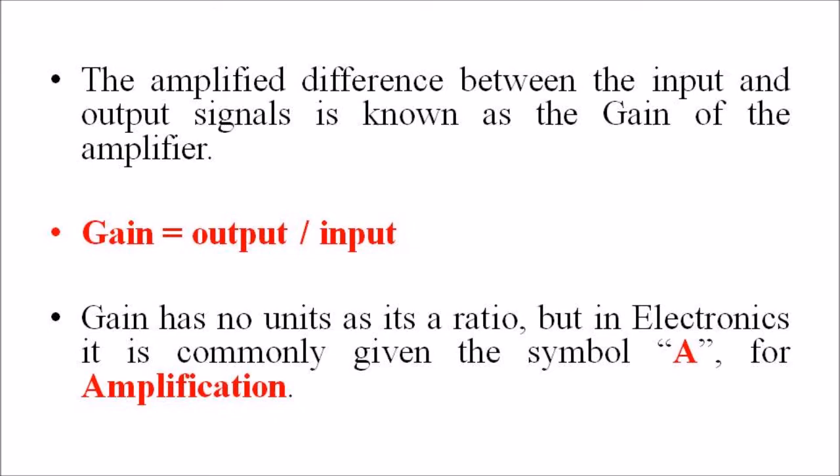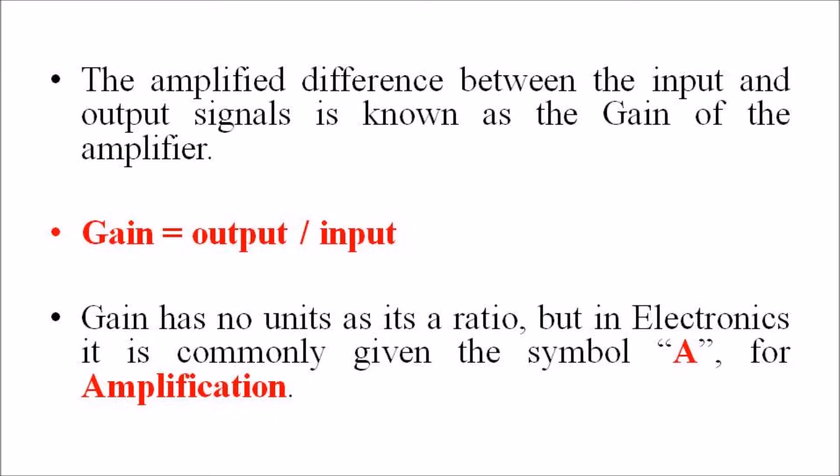Amplifier gain is simply the ratio of the output divided by the input, and gain has no unit as it is a ratio, but in electronics it is commonly given the symbol A. A represents amplification. Then the gain of the amplifier is simply calculated as output signal divided by input signal.